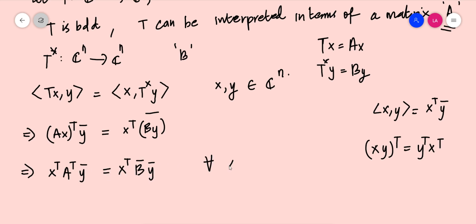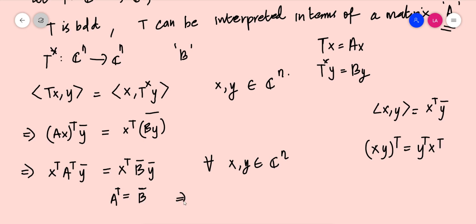This is true for all x, y elements of Cn. So if T is a bounded linear operator with associated matrix A, and T star is its Hilbert adjoint operator represented by a matrix B, then x transpose A transpose y conjugate should equal x transpose B conjugate y conjugate for all x, y in Cn. From this we can clearly write A transpose is equal to B conjugate.